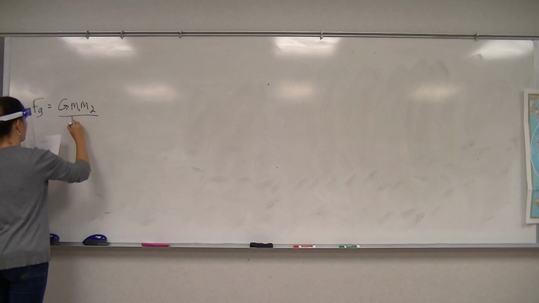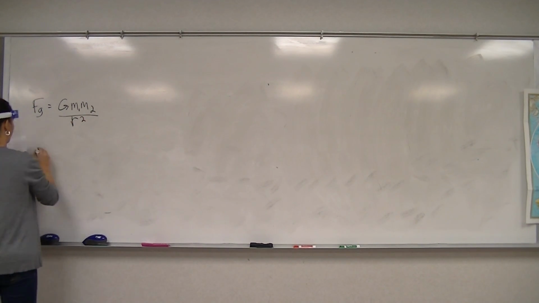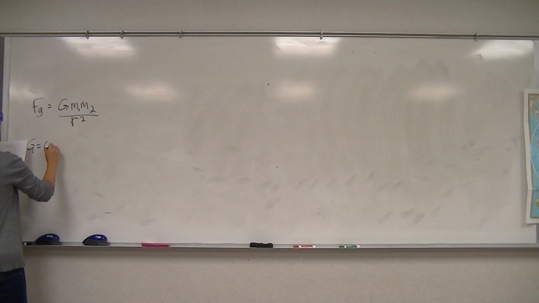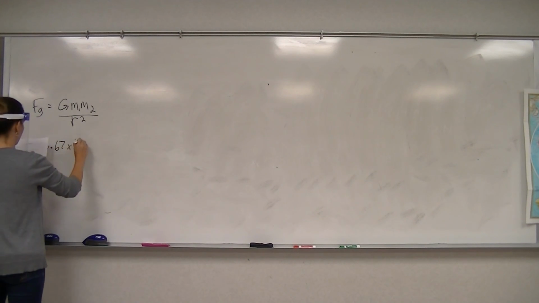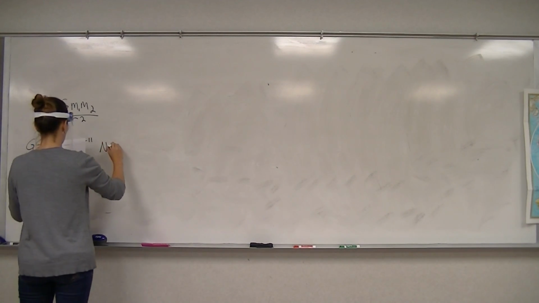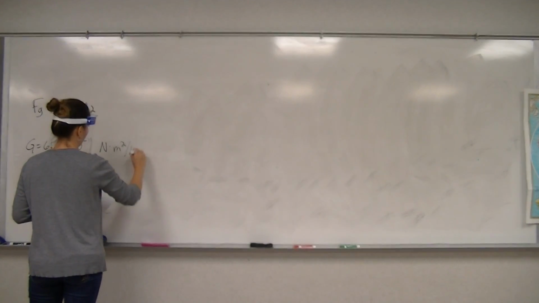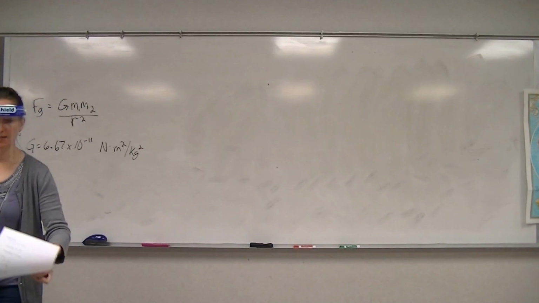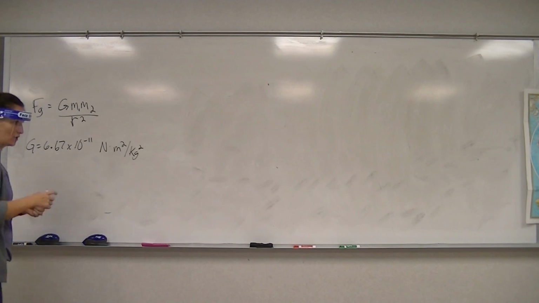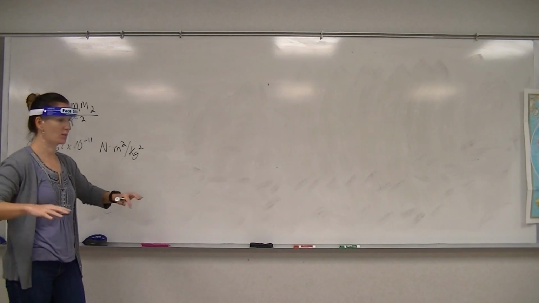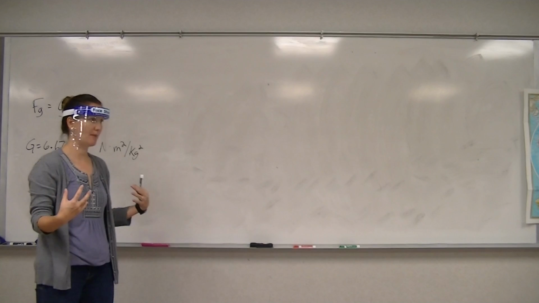So this equation here, what gravitational force is, it's the force that you exert on all objects around you, and the force that all objects around you are actually exerting back on you.